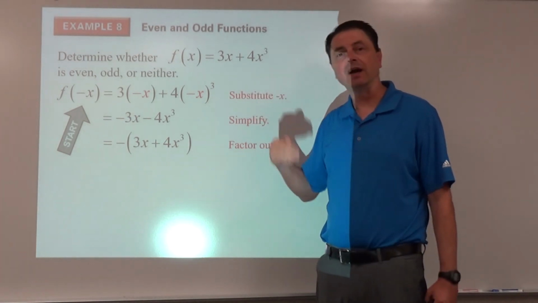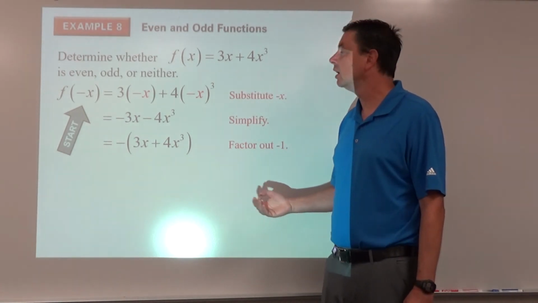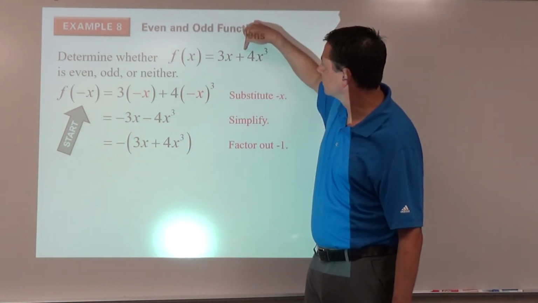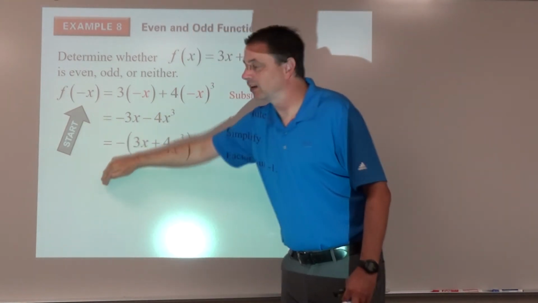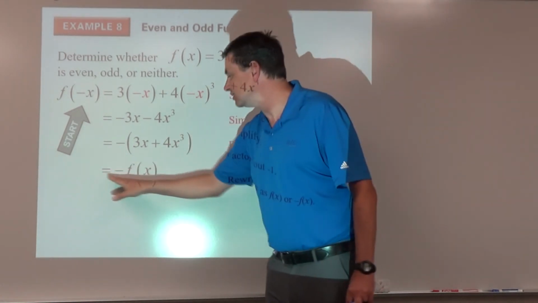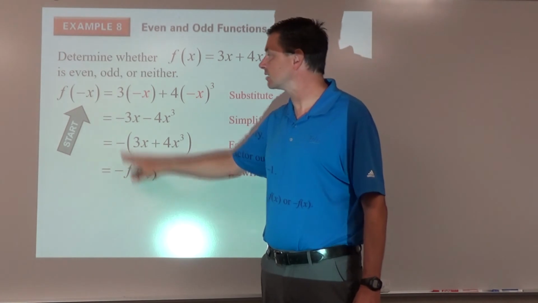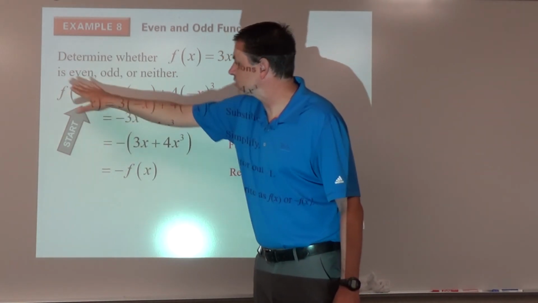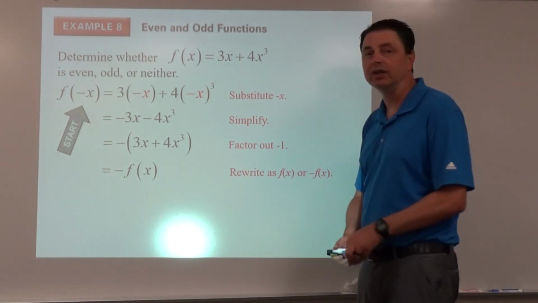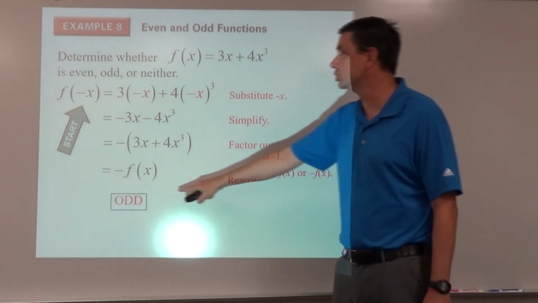So to satisfy that actual definition, I want to go all the way, and I want to replace this with f of x. Don't stop here, I'm going to finish with, hey, that is the opposite of f of x. And I've satisfied the definition.